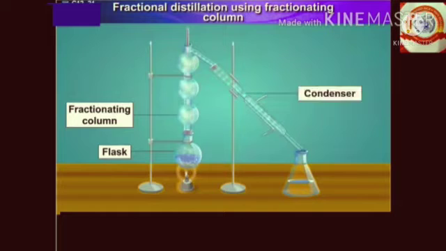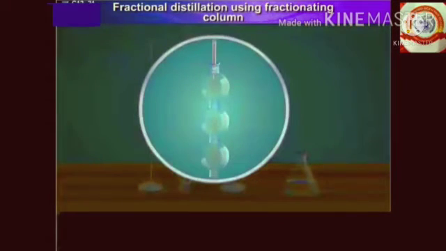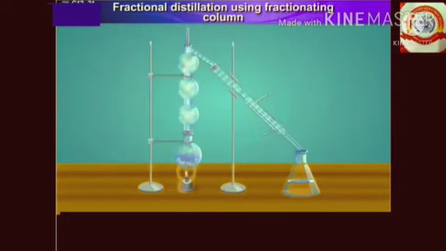Vapors of liquids having lower boiling point pass up the column and pass over to the condenser. Whereas the vapors of liquids having higher boiling point are condensed in the column itself, and later they can be collected in another round bottom flask.